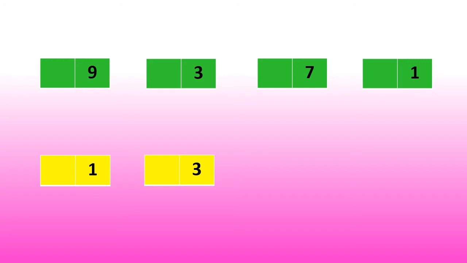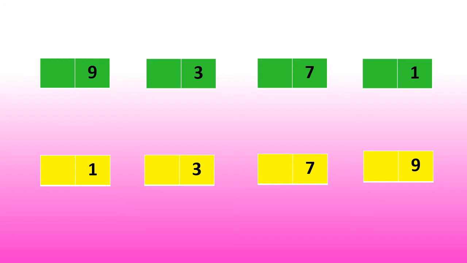So, which is the smaller number out of these 2? Correct again. The number 7 is the smaller number. Hence, it will come next. And lastly, we will have the number 9. So now, let's read these numbers in the ascending order. 1, 3, 7 and 9.